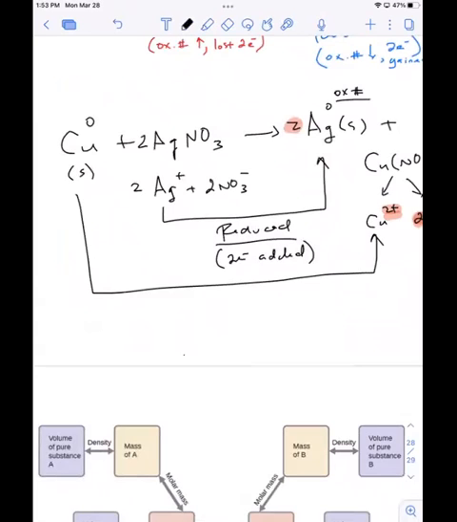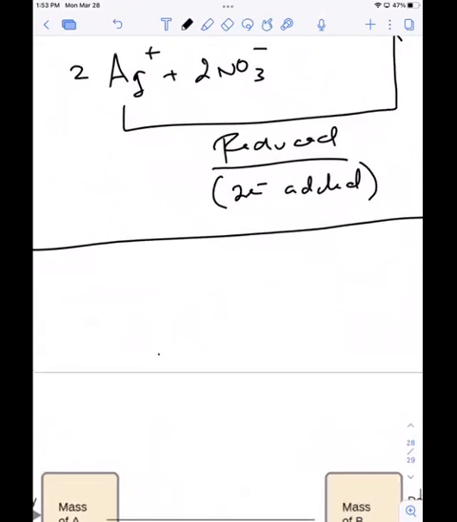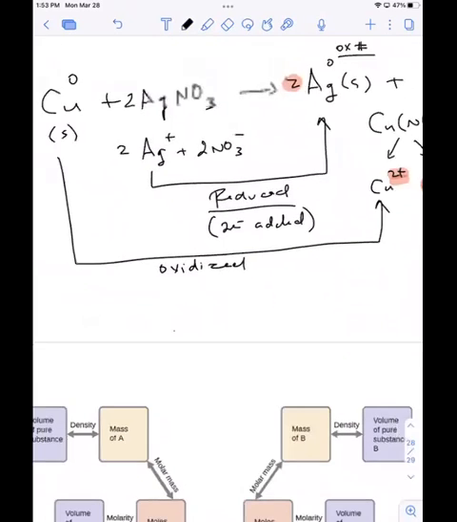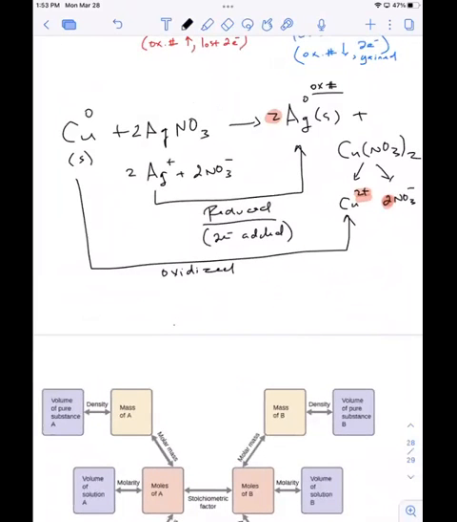So that was, you just said it, but I just want to reiterate it. That copper in this case got what? Oxidized. Is that right? And because it got oxidized, and because it went from 0 to 2+, how many electrons did it lose? Because oxidation is the loss of electrons, like reduction is the addition of electrons.